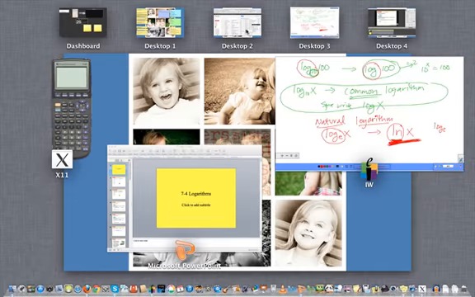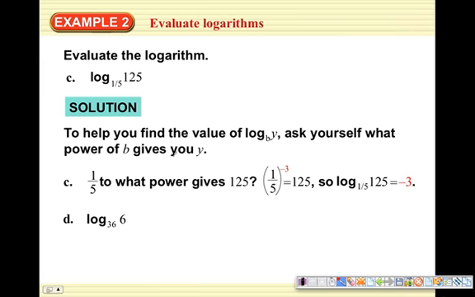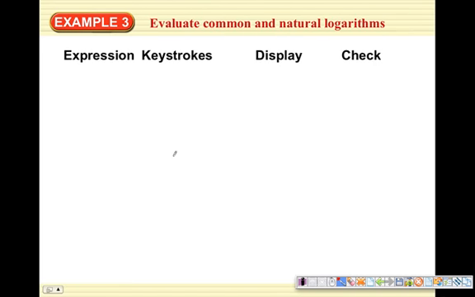Let's see. Next part is we're going to do this in the calculator. Log 8. What does that mean? Is that 8 a base? No, that's not a little 8. That's a big 8. So, log 8 means log base 10 of 8.